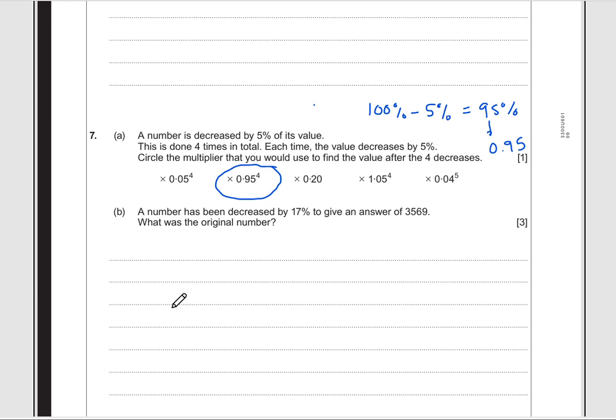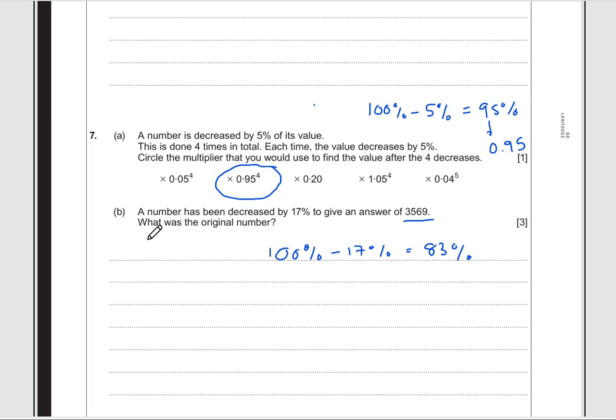Part B. The number has been decreased by 17% to give us an answer of 3,569. What was the original number? So we started with 100%. We've subtracted 17%. That's going to leave us with 83% remaining.